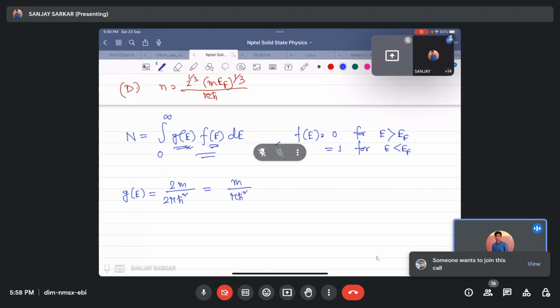So we have already taken it per unit area, because we have already divided by L square, so it is actually n.